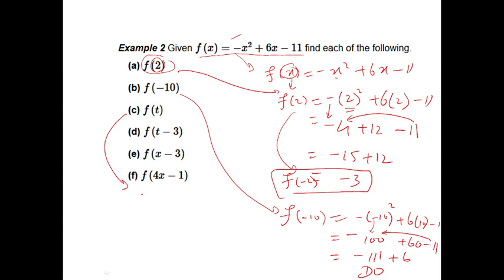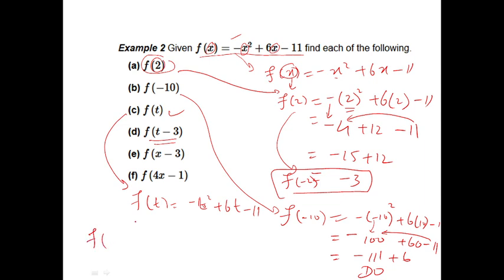Here f of t. So there we have f of x. Just replace this x by t. So that becomes f of t. F of t is equal to minus t square plus 6 into t minus 11. This is done. And this one, replace that x by t minus 3.